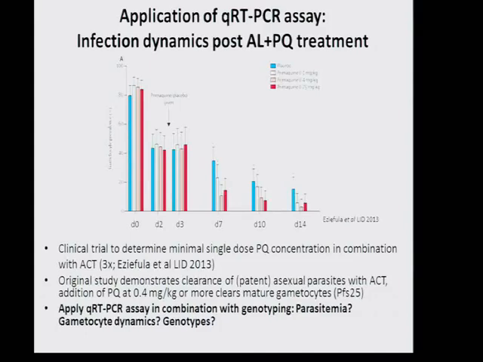So what we wanted to do was to use this qPCR assay to basically confirm these data, to look at asexual parasitemia, and then also to correlate this data with genotyping information using the molecular barcode assay that was developed in Daniel Neafsey's lab.